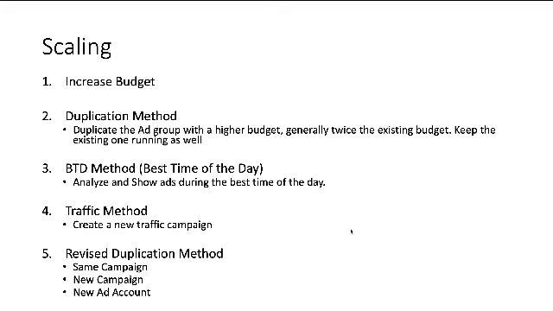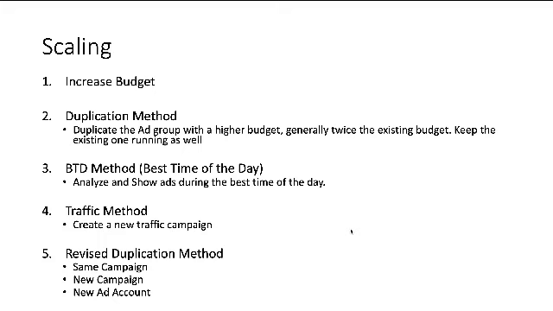So what we do is we keep the ad group as it is, you duplicate that ad group. There's an option you will see on the ad group which says copy. So copy the ad group as is and give a budget which is double the original budget. So for example, you have an ad group which is performing well with a budget of 2000 rupees, create a copy, give a budget of 4000 rupees and run it.